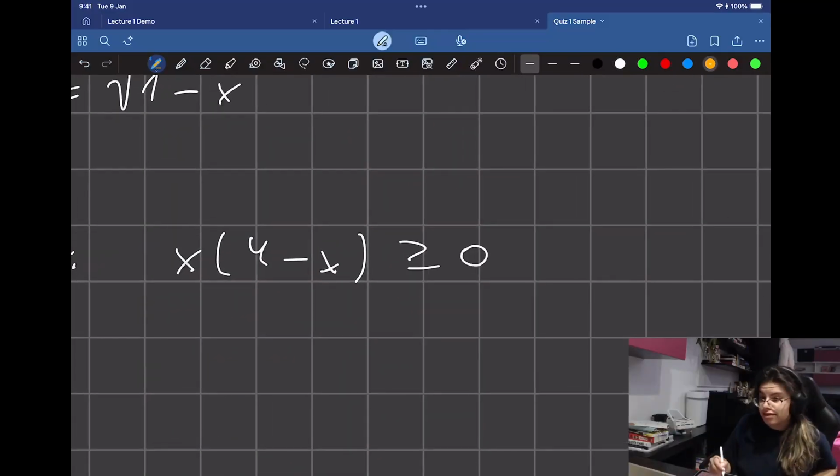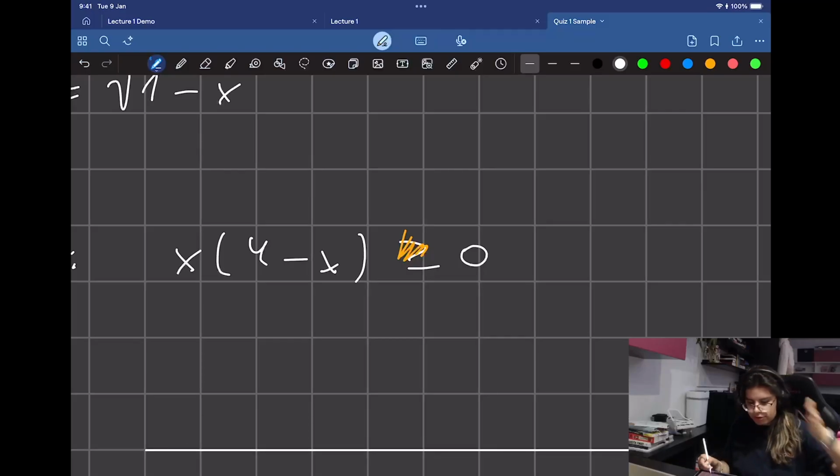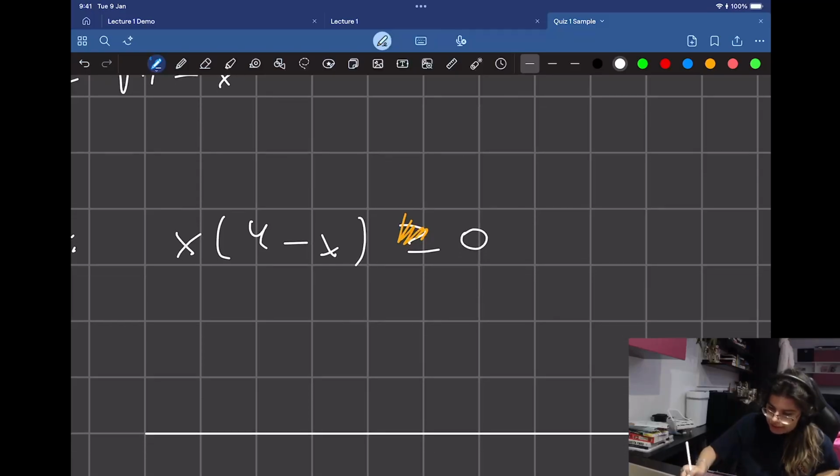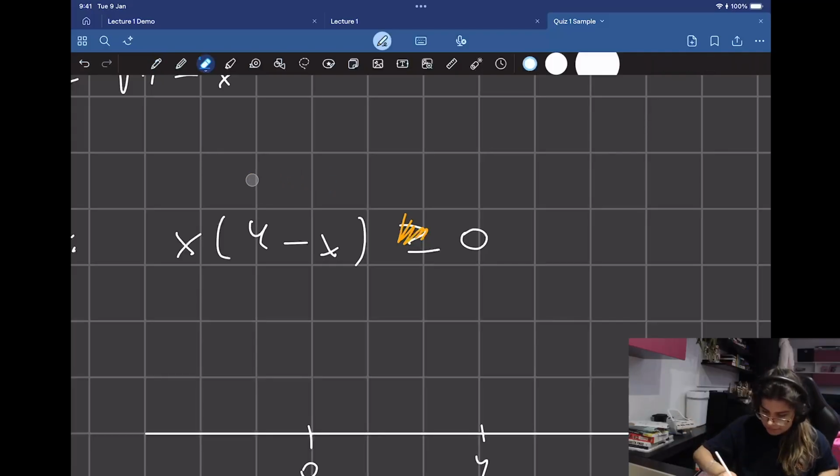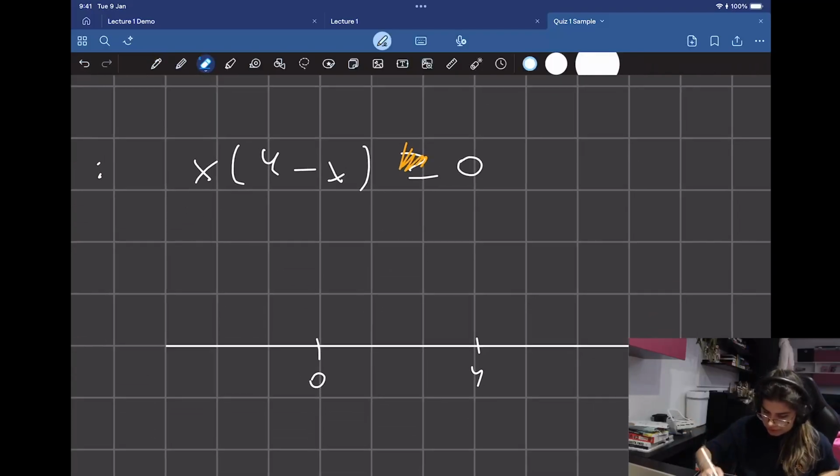For a brief second, I will consider this to be an equality instead. So if we solve the equation x times 4 minus x equals 0, either x has to be 0 or x has to be 4. Why 4? Because if x is 4, we have 4 minus 4, which gives us, guess what, 0. So these are the two roots here.